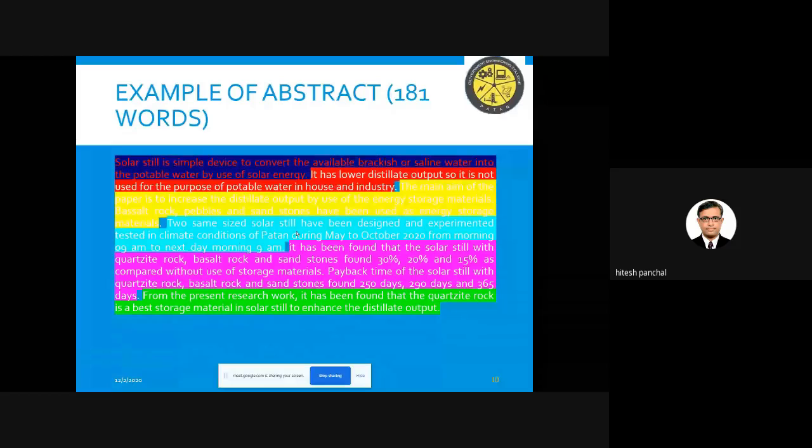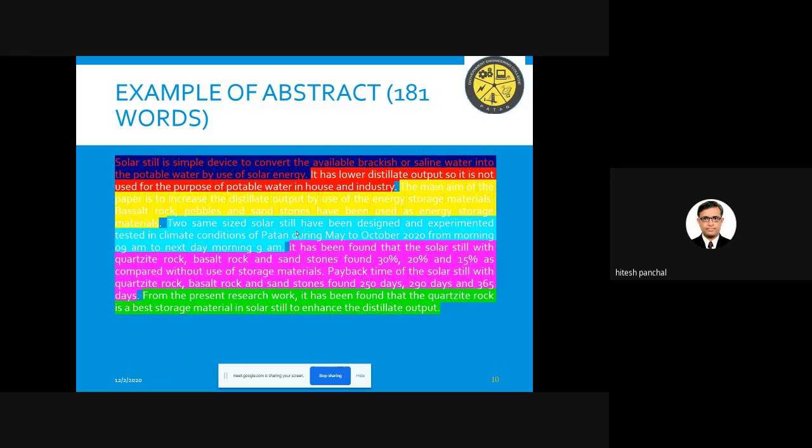So my dear friends, whenever you write the abstract, you must follow a step-by-step procedure. It is advisable to write the abstract at last, so all the points can be covered. Now anybody can read this abstract, and he or she can easily understand that this research paper contains the work of a solar still in which the researcher has used a storage material.